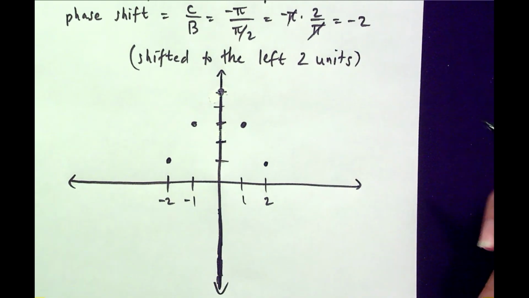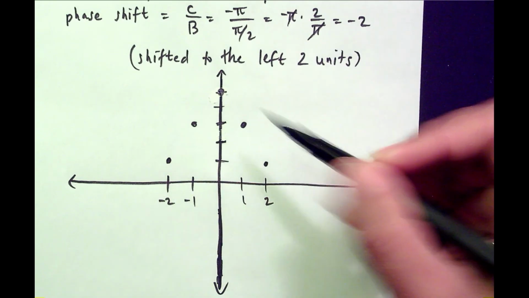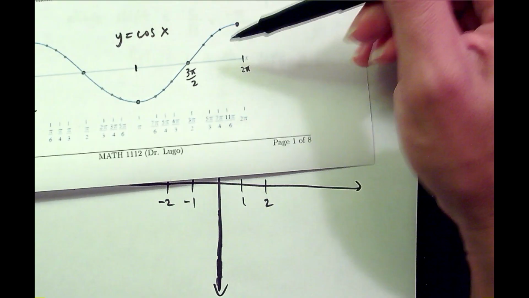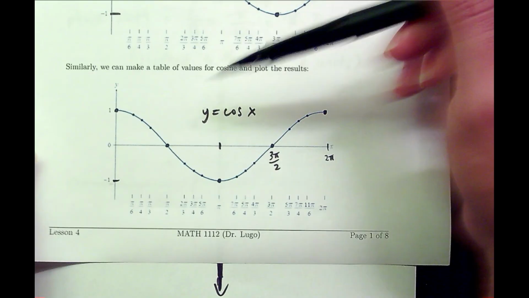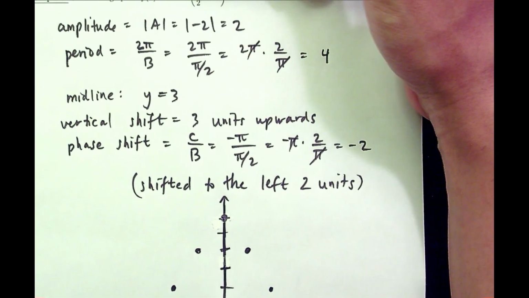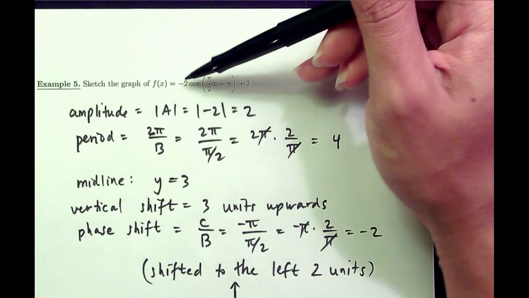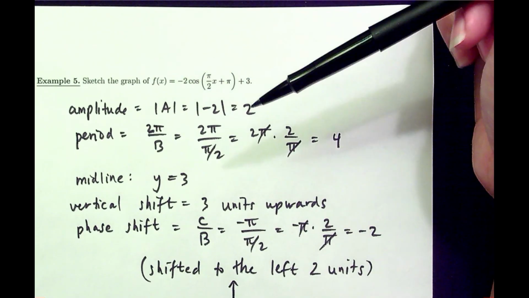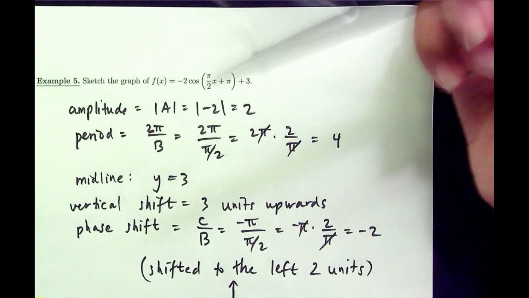And note that our basic graph goes down. Our original cosine goes down. This one goes up. And that's because, if you remember from college algebra, when you multiply by a negative number outside, that flips the graph upside down.